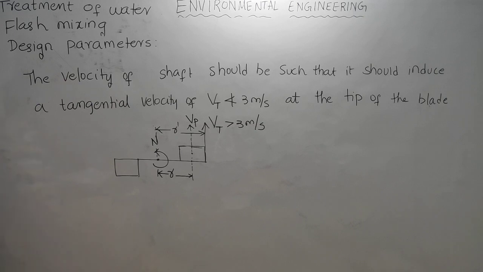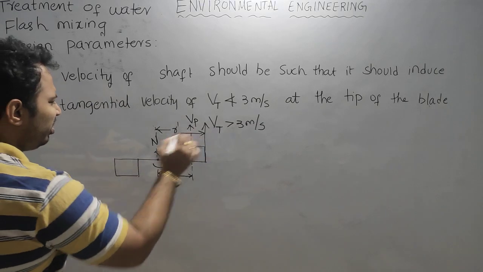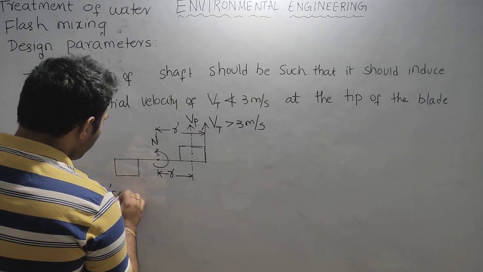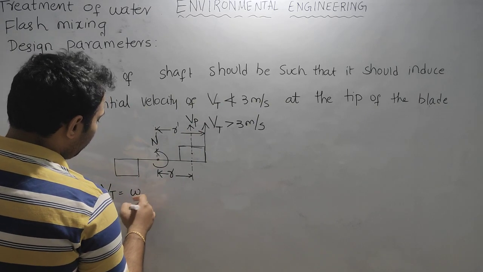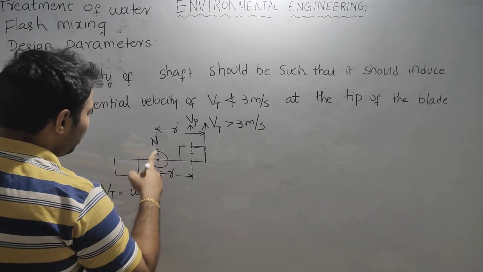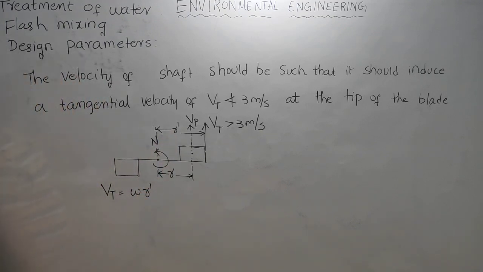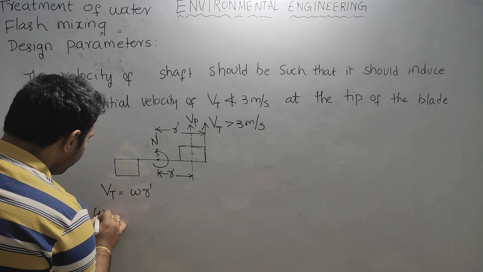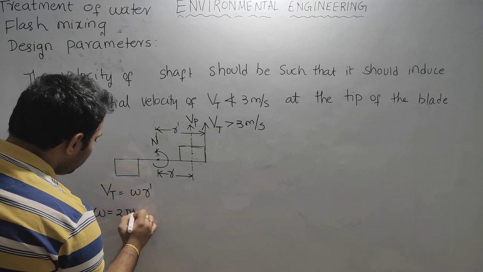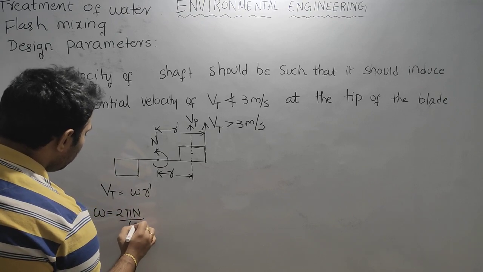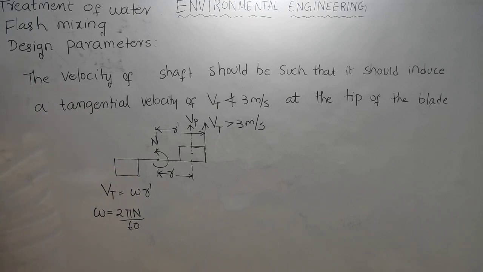So Vt is equal to omega, that means angular velocity, into R dash, where omega is equal to 2 pi N by 60, where N is rotations per minute.